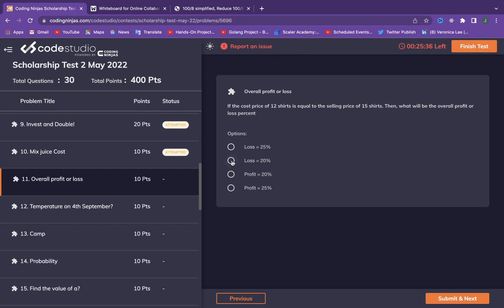And that means how much loss are we making?